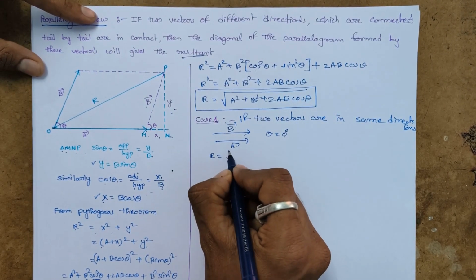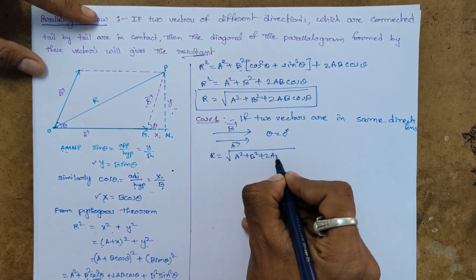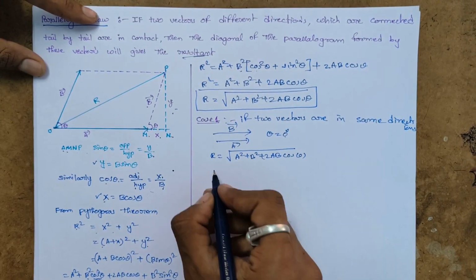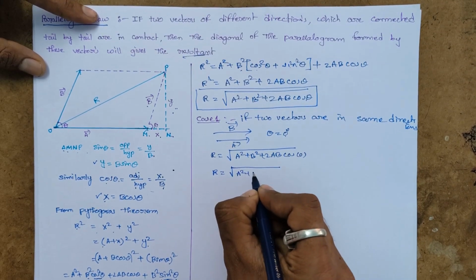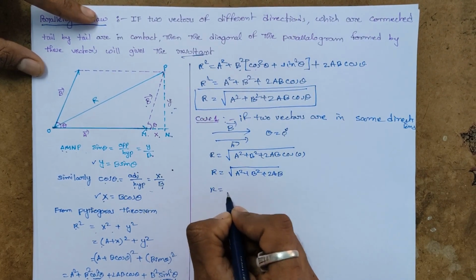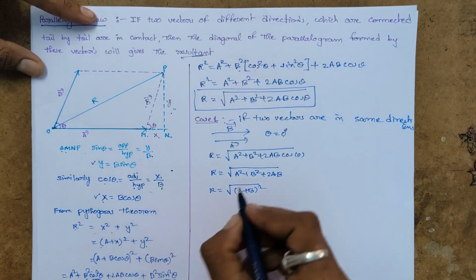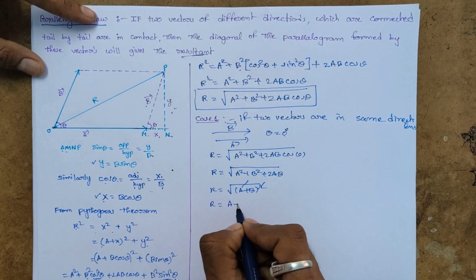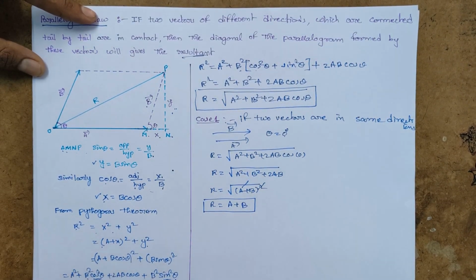Therefore, r is equal to under root a square plus b square plus 2ab cos 0. Cos 0 value is 1. So you will get r is equal to under root a square plus b square plus 2ab. This is nothing but r is equal to under root a plus b whole square. So the square root cancels. Finally, the resultant r is equal to a plus b. Okay, so this is case 1.